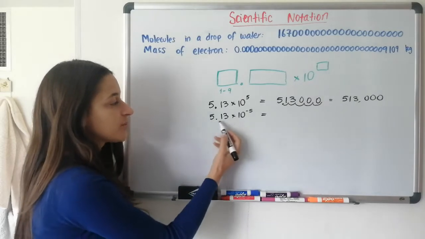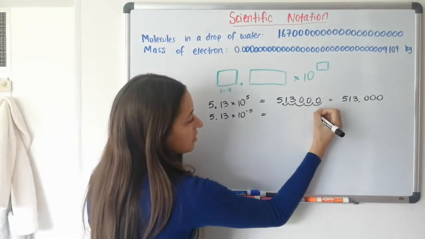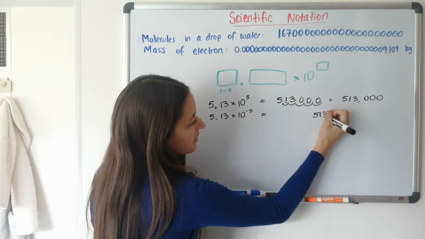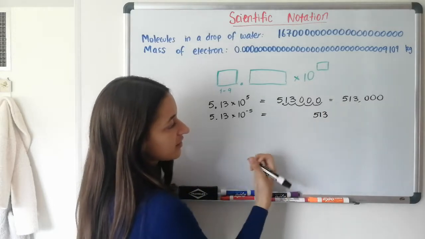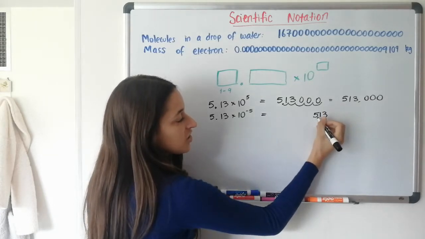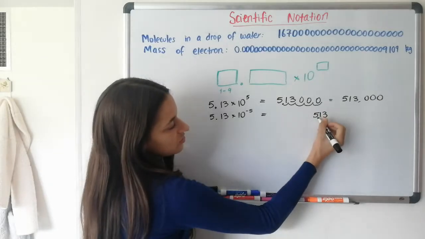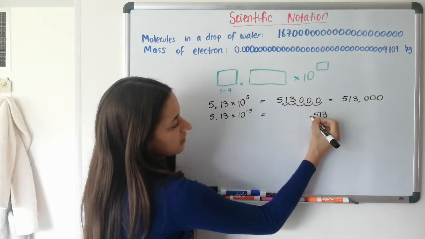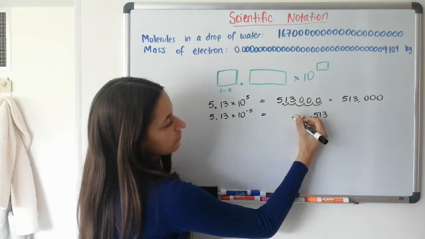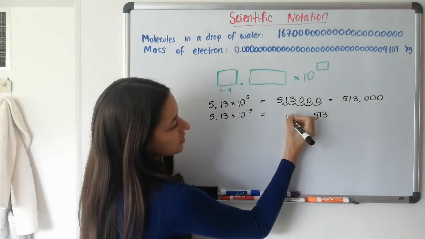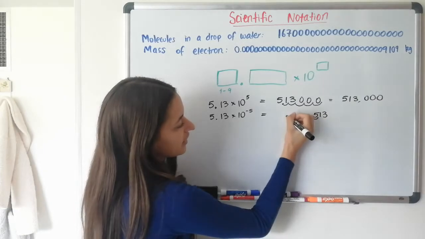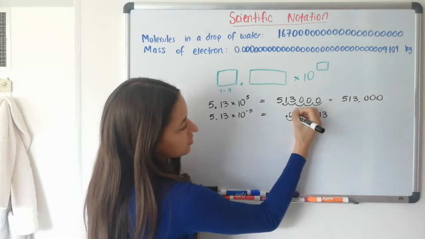So we write the same 5, 1, and 3, but maybe on this side so that we have space to put zeros on the other side. The decimal point used to be here, and we want to move it 5 places to the left. So that's 1, 2, 3, 4, and 5. Our decimal point is now going to go right here, and we fill it up with zeros like we did before.